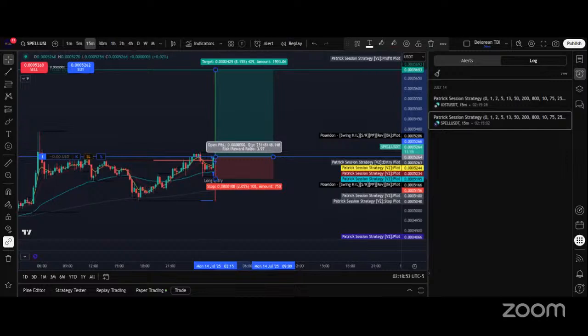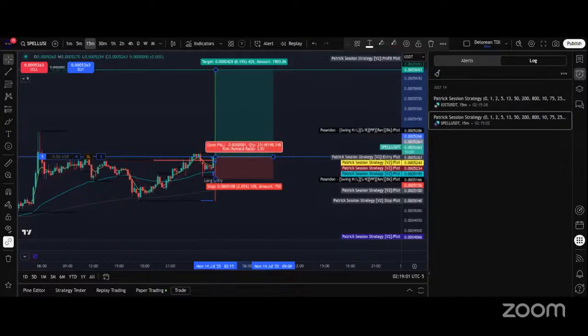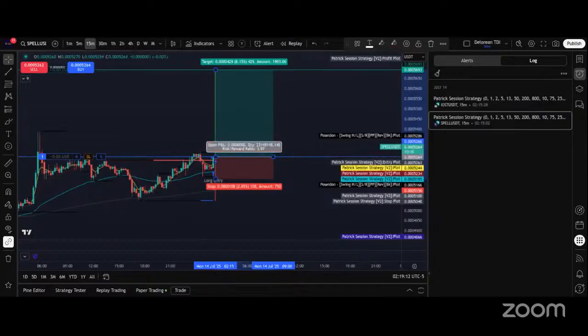And SPELL USDT, 15-minute confirmation, market execution buy. This time it's a 3.97 risk to reward ratio. Take profit is 0.0005693. That's going to be for 429 pips.